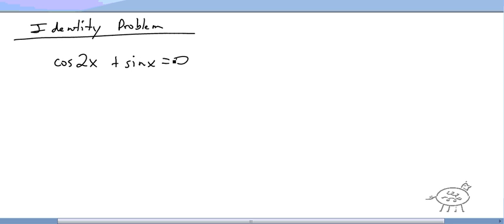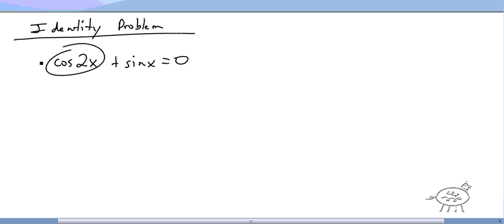This is brutal because you have a cosine and you have a sine. And really, to solve these problems, unless it's multiplication, you can't just solve for it. It's really difficult. But what we can do is turn the whole thing into something all in sines or all in cosines. That's what we want to do.